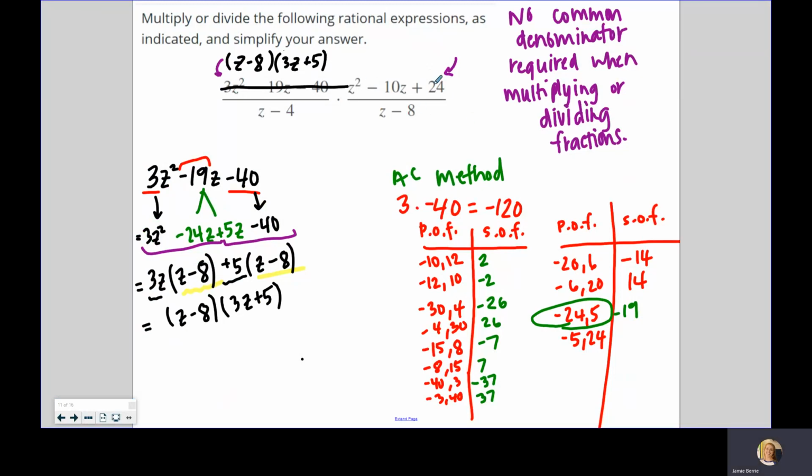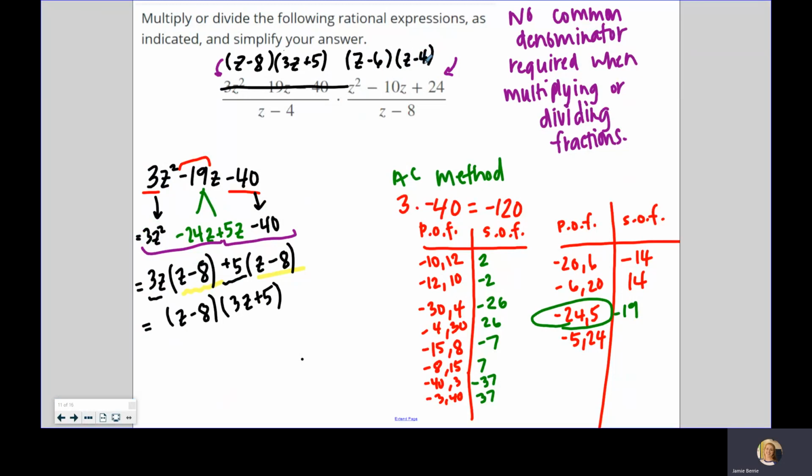Okay, now let's look at this little guy. We can probably factor this in our head. So you're looking for two numbers that multiply to give you 24 and add to give you negative 10. So that would be 6 and 4, right? But they both have to be negative because they got to add to negative 10. So that would be negative 6 and negative 4.